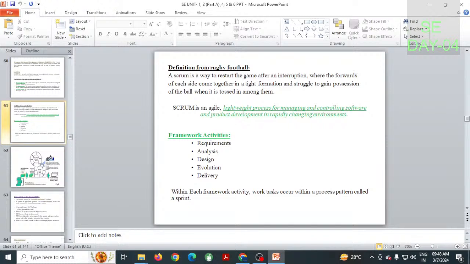Rapidly changing environments. We should also discuss the kinds of framework activities: requirements, analysis, design, evaluation, and delivery. One thing we should remember is how we describe the sprint.